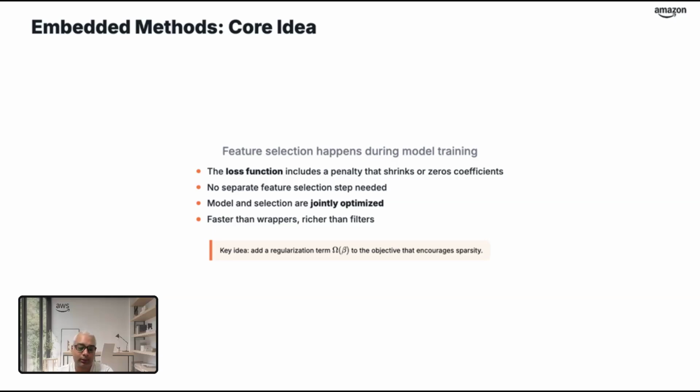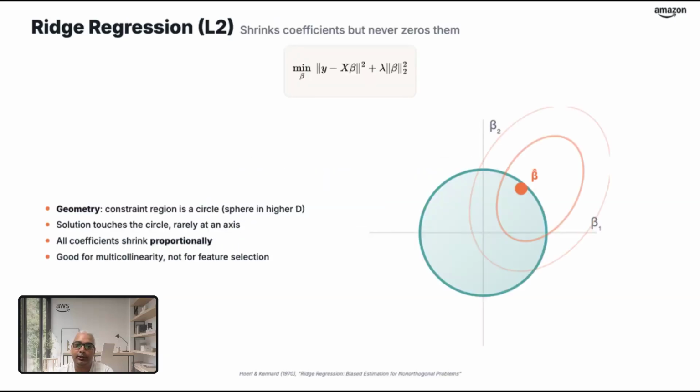If we are using L2 regularization, then it will shrink the coefficients but never lead them to go to zero, whereas L1 drives the coefficients to zero. And we have a mixture of these two, which is the elastic net. So we train one model, and regularization handles selection during that single training run, depending on the type of regularization that is used, which makes the overall idea very elegant and efficient.